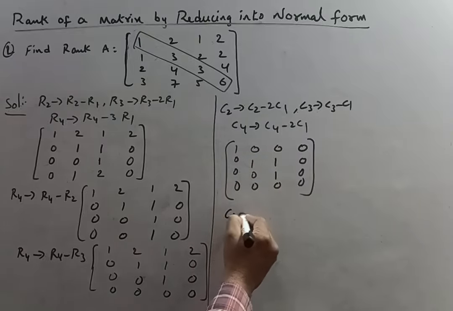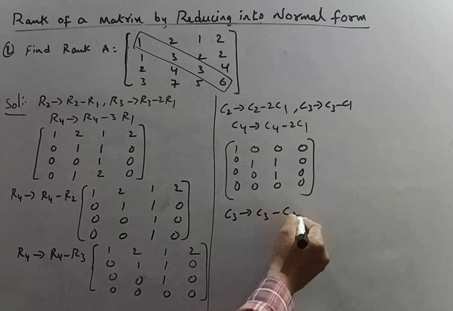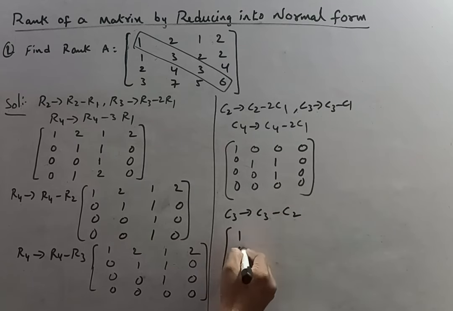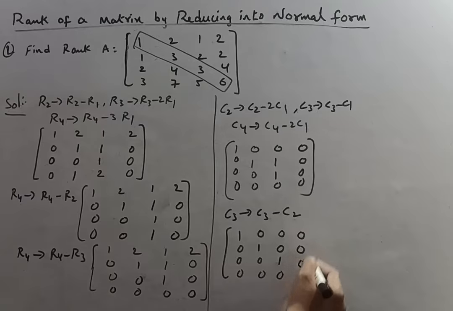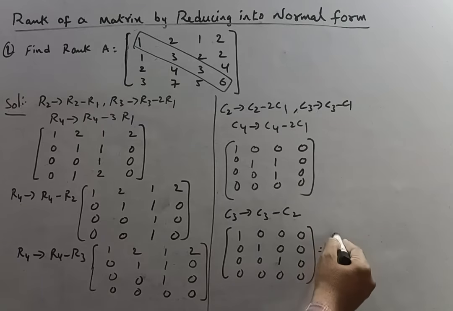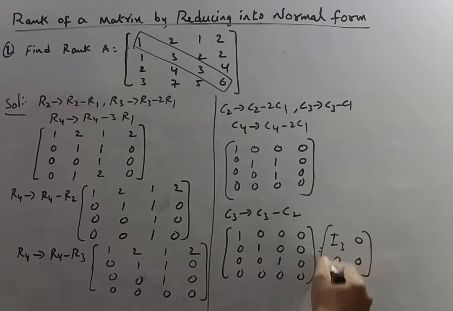So C3 changes to C3 minus C2. So what do I get here? 1, 0, 0. 0, 1, 0, 0. 0 minus 0. 1 minus 1. 1 minus 0. 0, 0, 0. Correct? So it's nothing but I3. Correct, ma? 3 non-zero rows. I3, 0, 0. So rank of A is how much? 3. Rank of A is how much, ma?